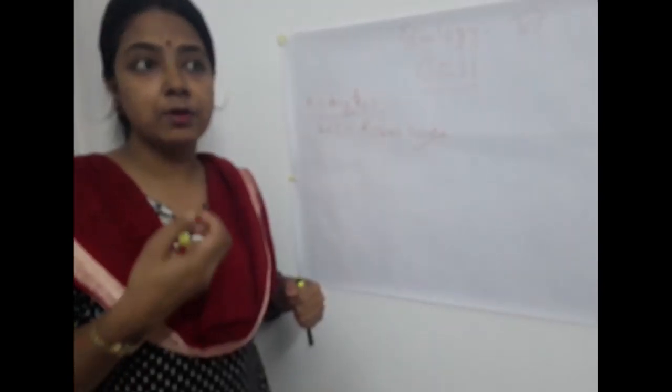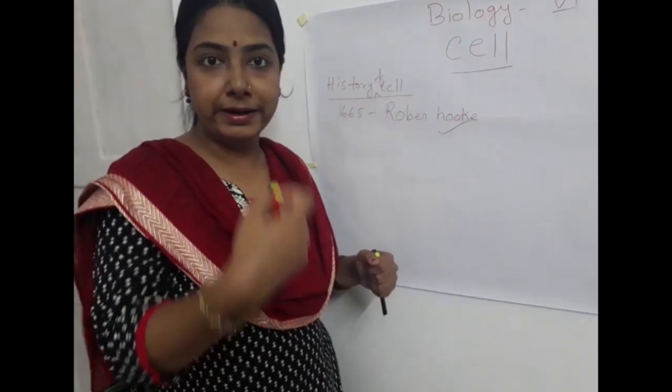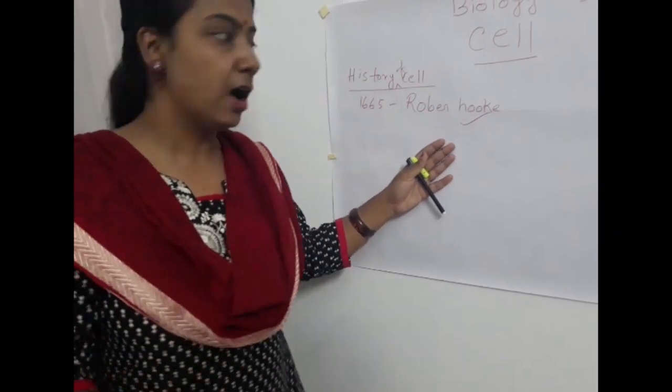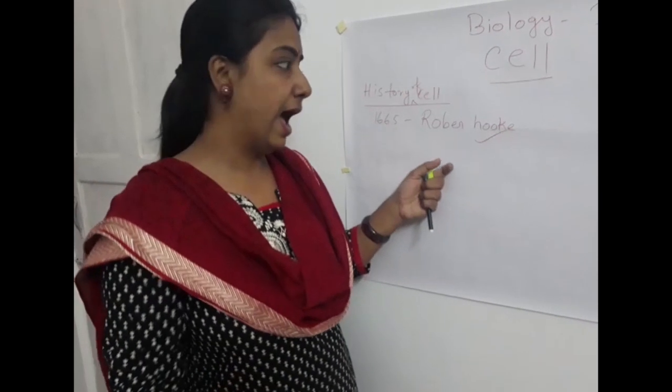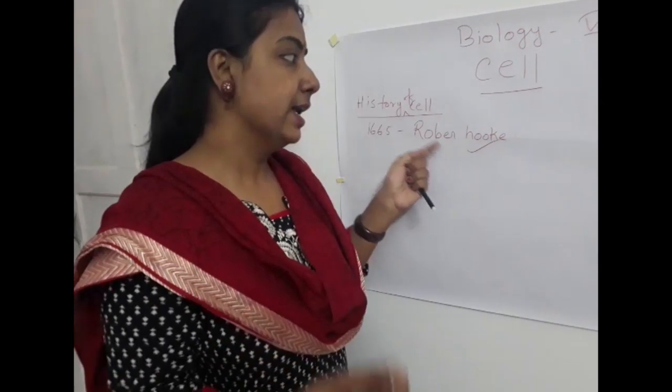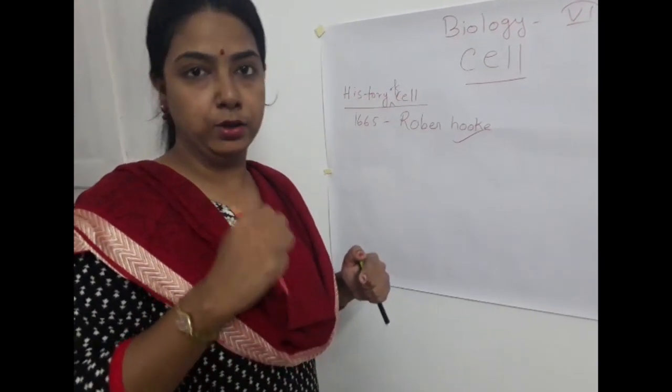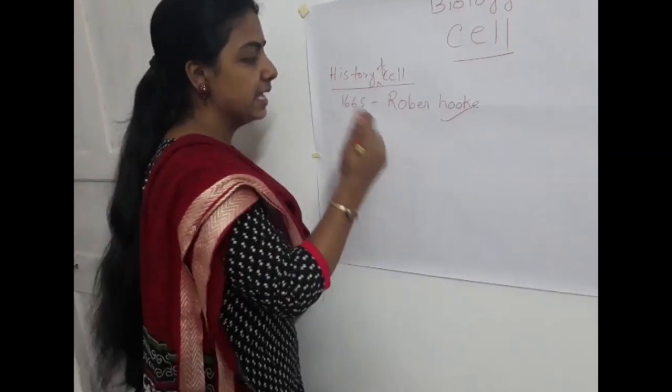Bark means the cork, the woody part of the tree or plant. He made a slice of this cork, and then what did he do? He saw it under the microscope, and then what did he see?